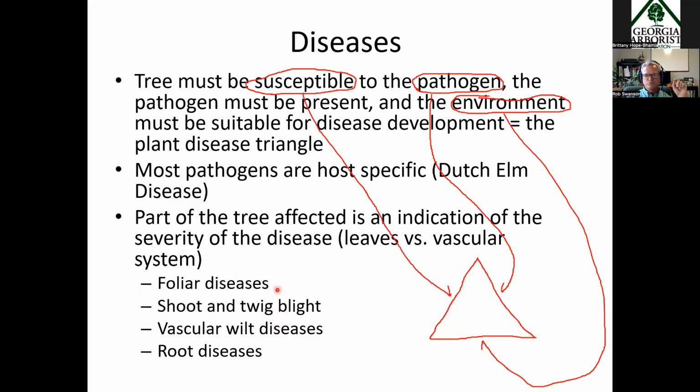So knowing where the disease is and where to look for the signs and symptoms. Vascular wilt diseases, again, are just horrendous. Root diseases are very difficult to control also. Most root diseases are fungal in nature, but you can also have nematodes that eat the roots or herbivores that are eating roots.